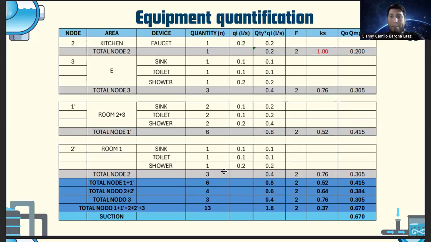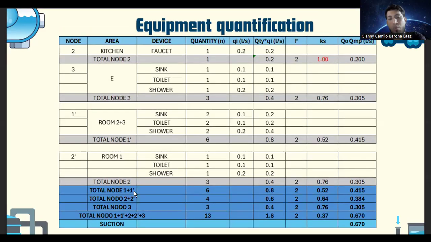So then finally, we got the total node 1 plus 1. Okay, so and then finally we got the suction. It was 0.67.